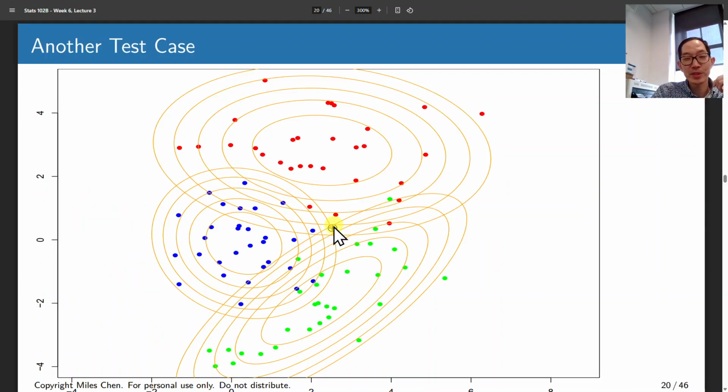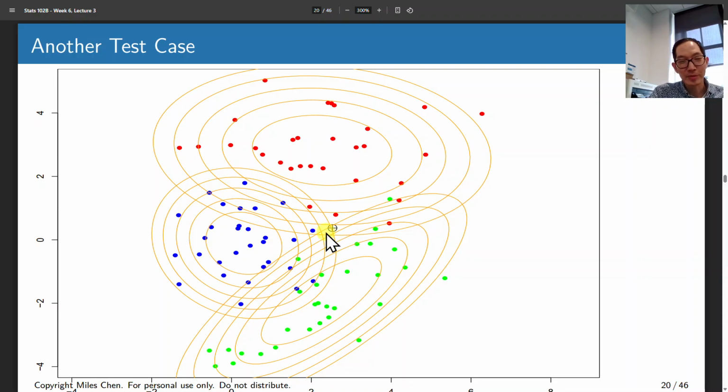Here's something that's kind of close to the center of all of these things. If you get a dot here, and I ask, hey, do you think it came from red, blue, or green? Now this one's a little bit harder to judge, right? Because it could have been blue, it could have been green, it could have been red.